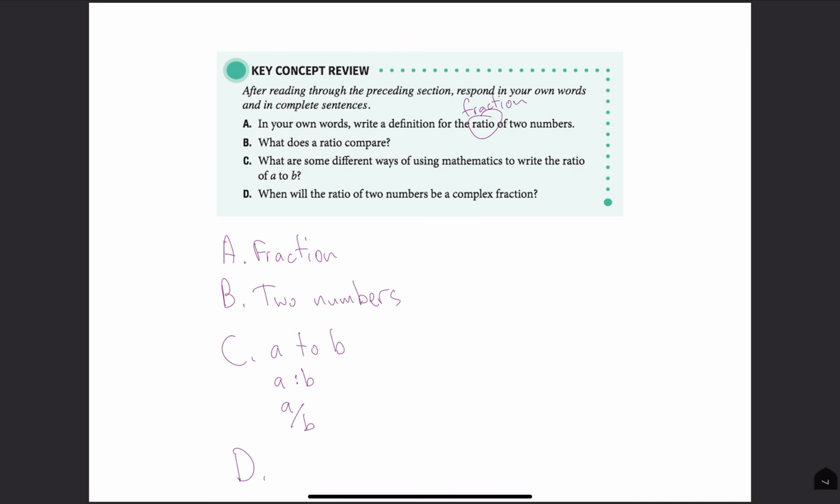Well, the ratio of two numbers would be a complex fraction if either number in the ratio is a fraction. Then it'll be a complex fraction. And you'll have to do some work to simplify it, make it look a little better, more aesthetically pleasing and simpler, just like you have to do whenever you encounter a fraction. So that's the basics on ratios, 6.1. Hopefully that gets you started, and we'll see you in 6.2.